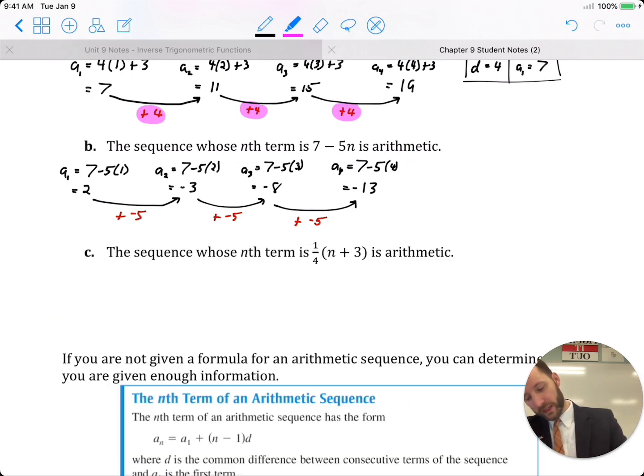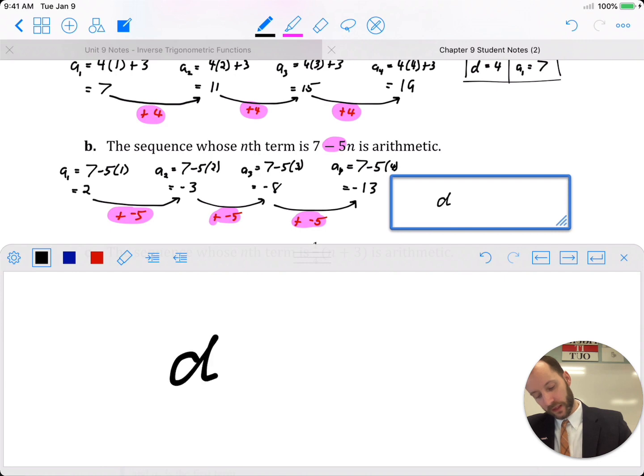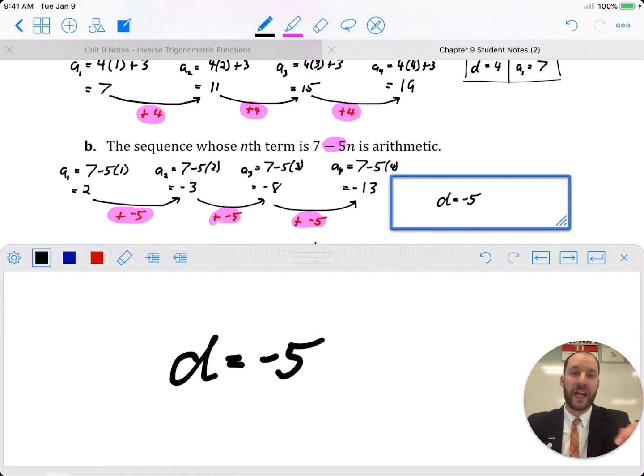Again, I'm finding that common difference, negative 5, negative 5, negative 5. And then my explicit equation right there, again I have negative 5. So a common difference can be negative, you're just adding the negative value.